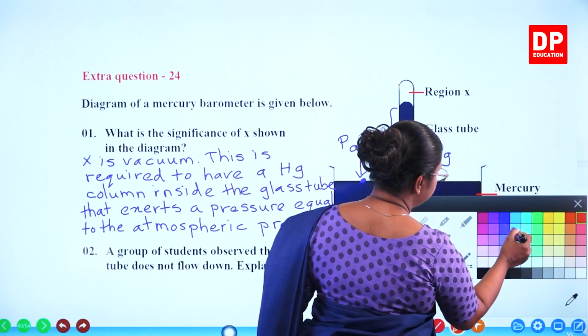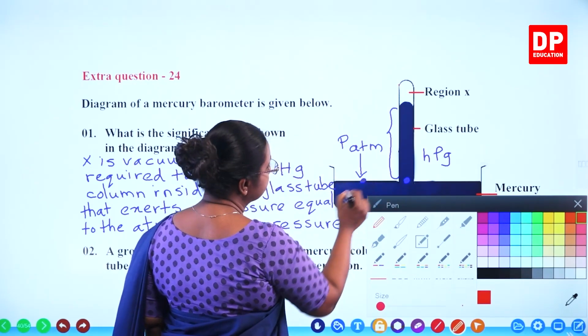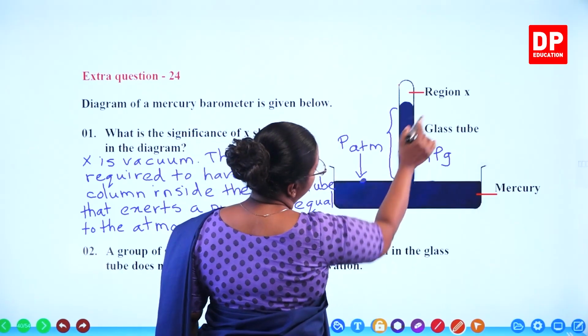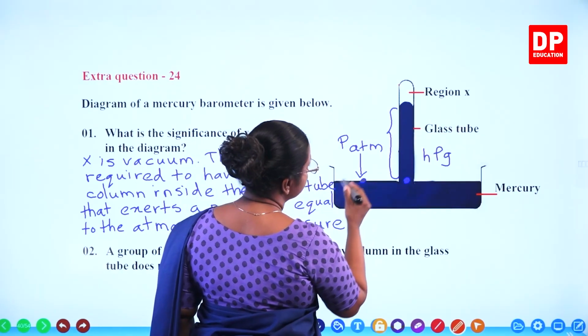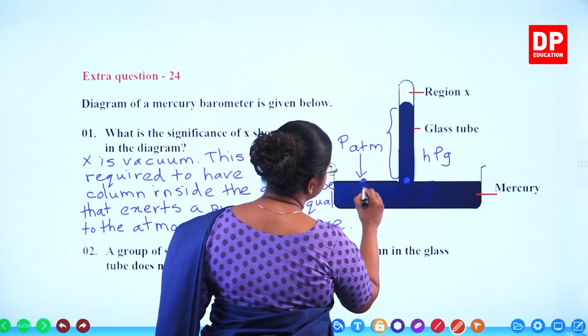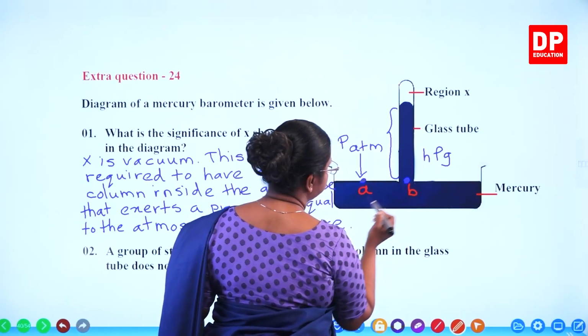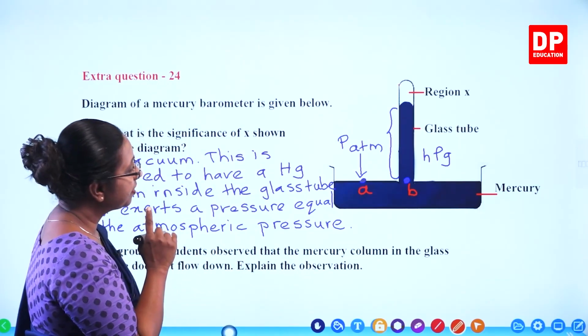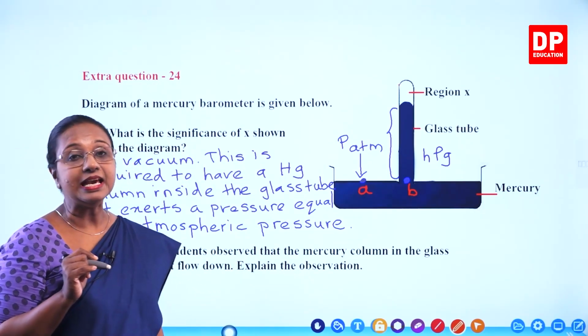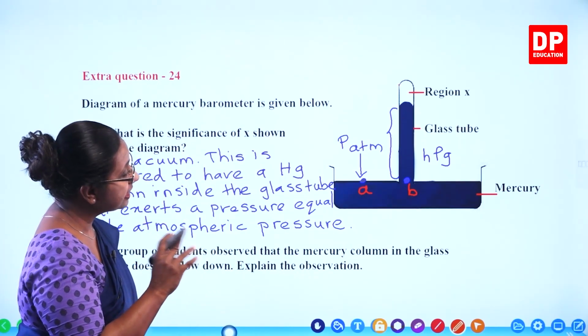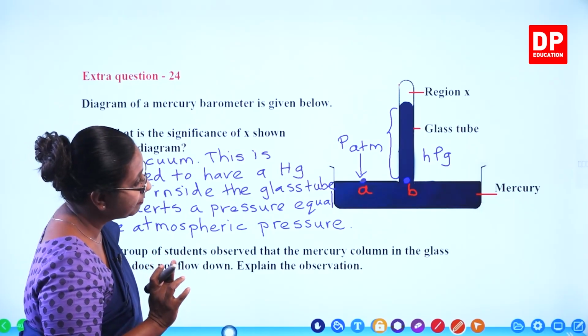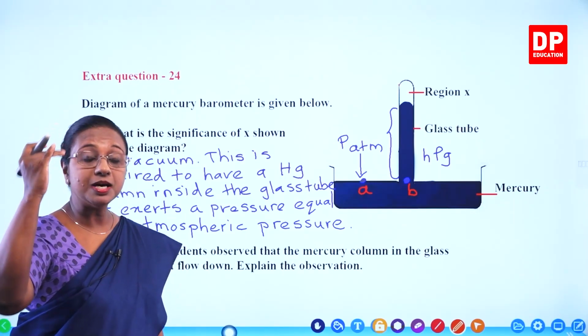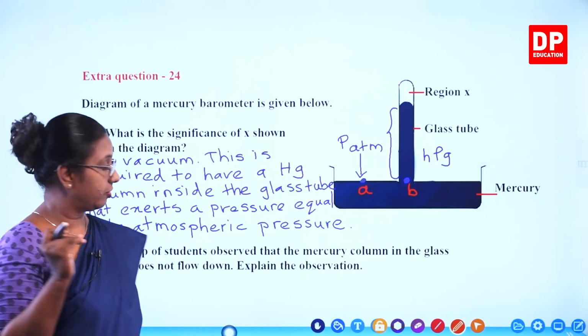So, here what I will do is, I will mark these as X and Y, or already X is taken. So, we will say A and B. So, pressure at point A and point B are equal because there is a pressure acting at point B that keeps the mercury column from falling down.